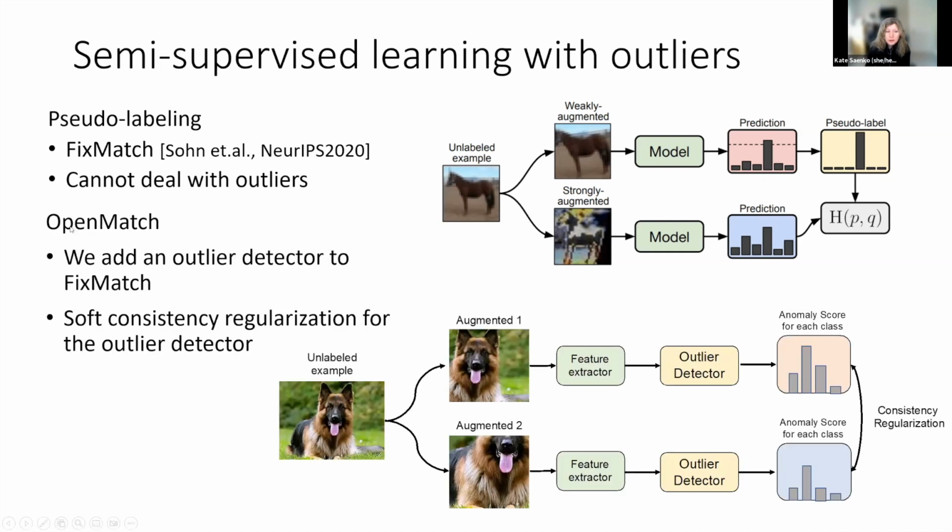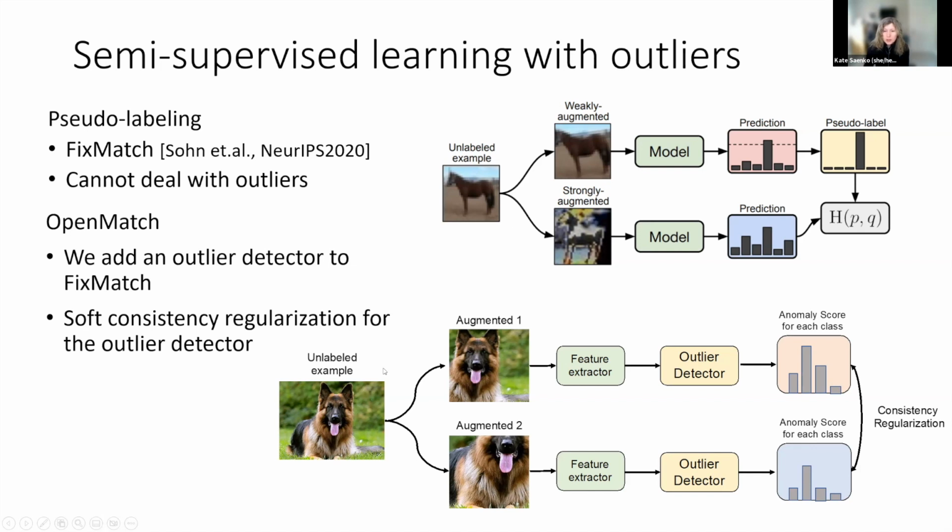So we propose our approach called OpenMatch. Open is a play on FixMatch, but with open-world assumptions of open unknown categories. The solution is a fairly straightforward idea: we're going to add an outlier detector to FixMatch. In addition to the pseudo-labeling, we're also going to reject outlier categories.